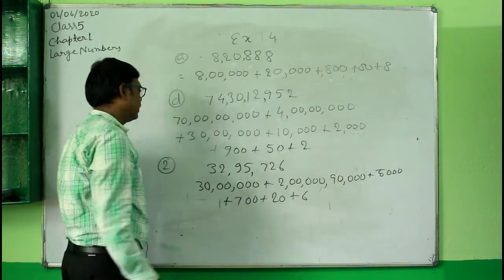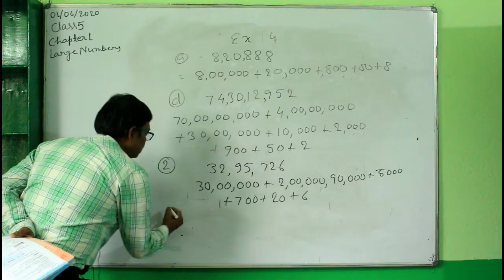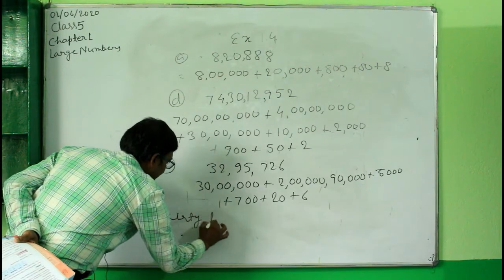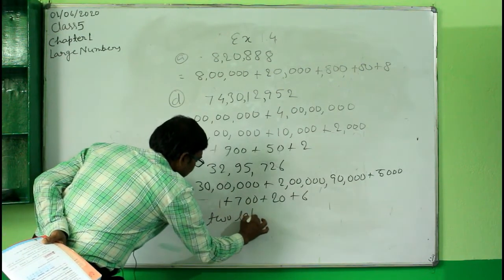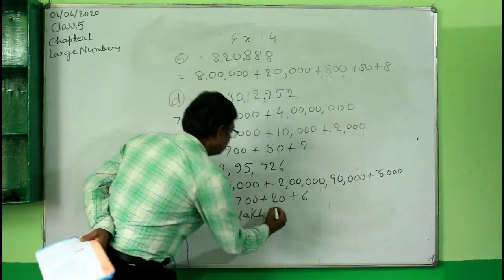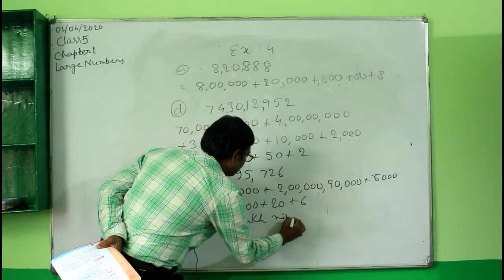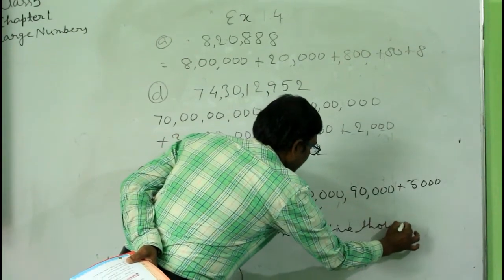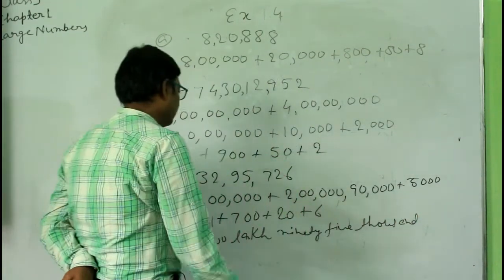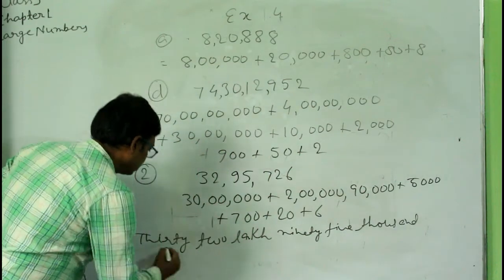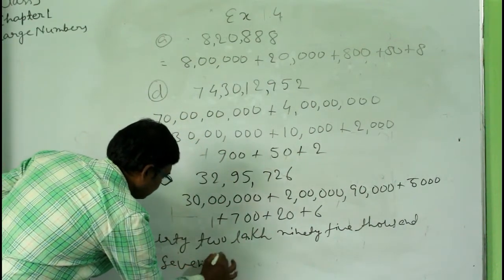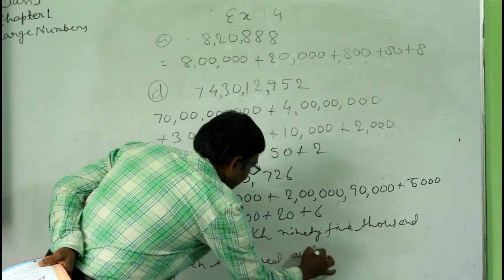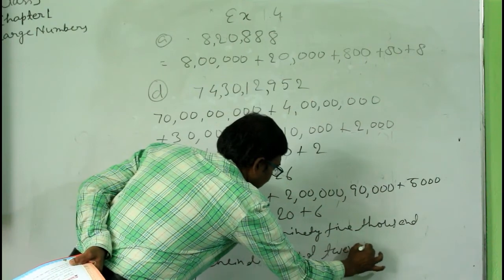This is the standard form, and the name of this will be 32 lakh 95 thousand 726.